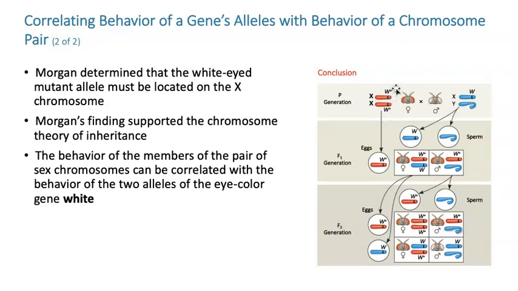So Morgan used the term W plus, and plus was referring to the wild type. So W plus means the wild type, and just plain W meant the mutant type. And notice that we're not using bigs and littles in this case because Morgan used a different system than Mendel did, and the idea of wild type was important to him.